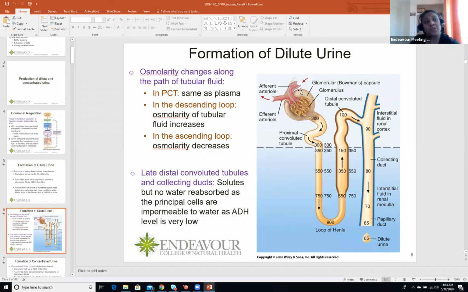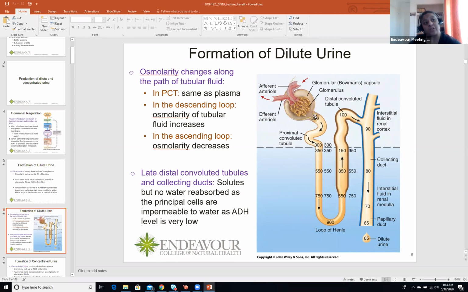So this filtrate that is formed here will have an osmolarity of about 300 milliosmoles per liter, which is exactly the same as that of the plasma in the blood that is flowing into the glomerulus. So at the beginning, the osmolarity is the same, right?